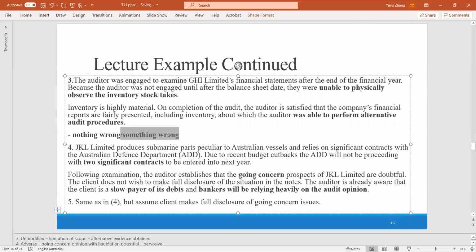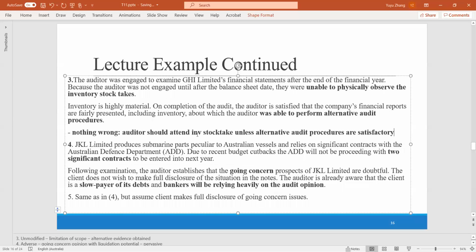So I guess in this situation, nothing wrong, because auditors should attend the inventory stock take unless alternative audit procedures are satisfactory, right?